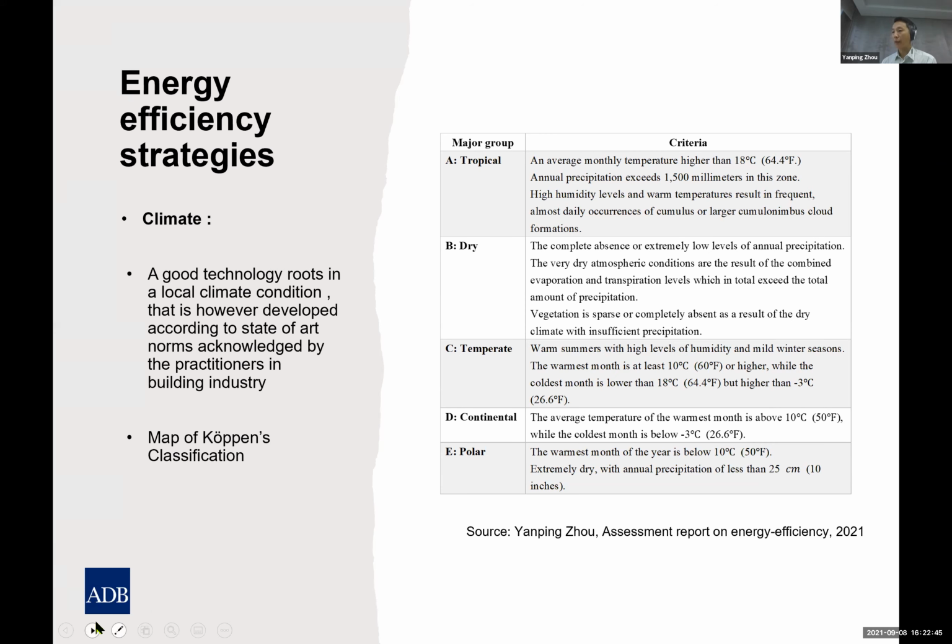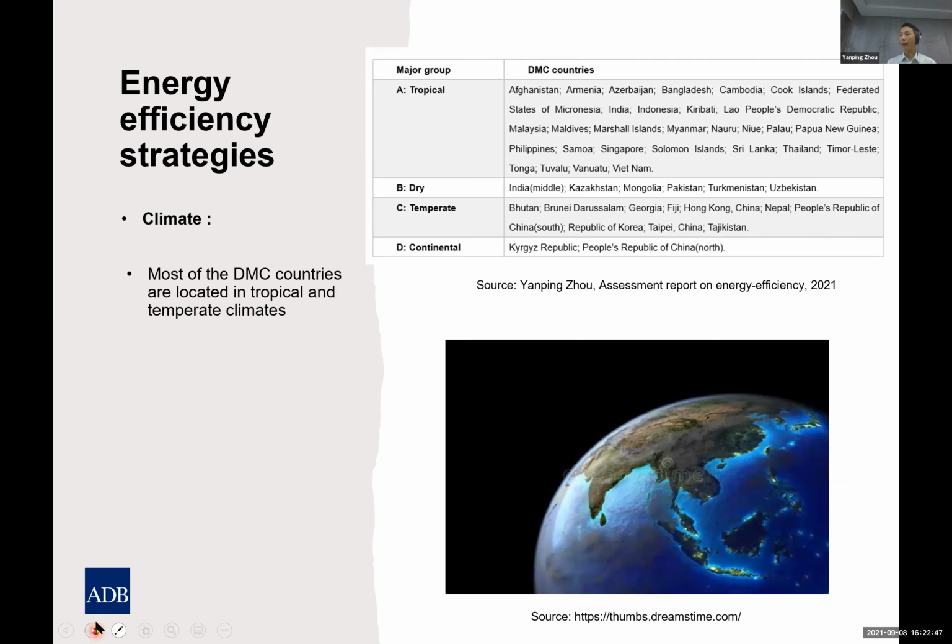Jimmy, can I have the next? For the ADB DMC countries, unfortunately, most of them are located in two zones, tropical zones and temperate zones, so we can put our focus and efforts on these two zones to find good solutions.